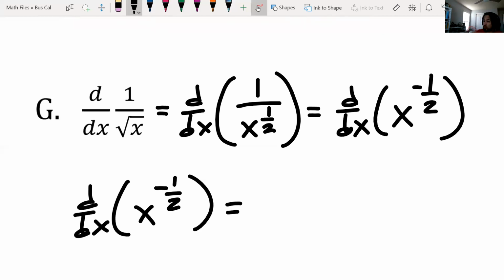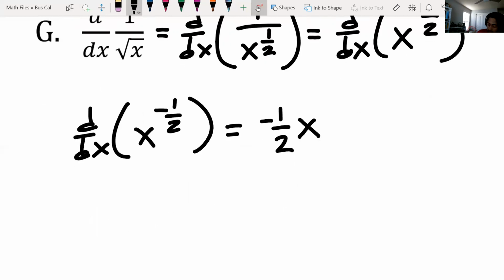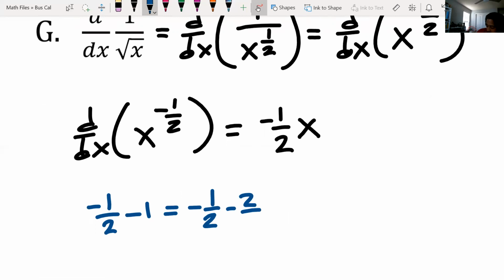We take the derivative, and that negative 1/2 is coming down. And you'll have negative 1/2 x to what new power? Negative 3 over 2.